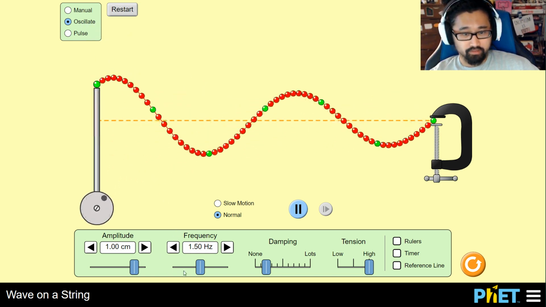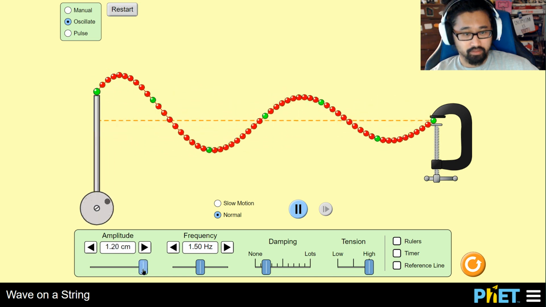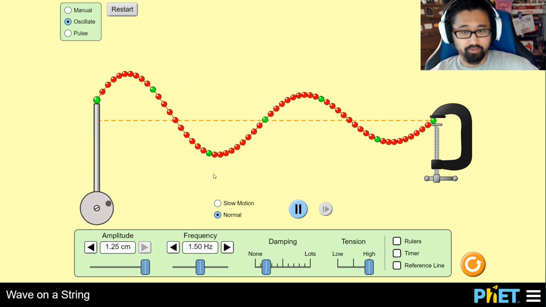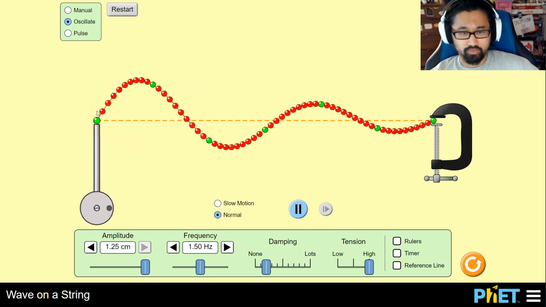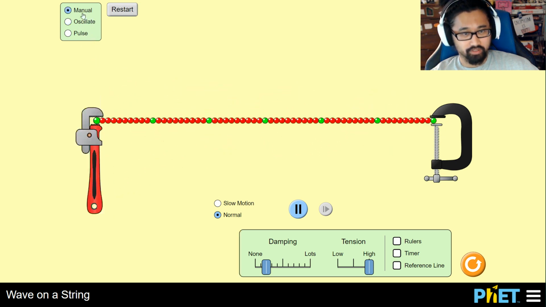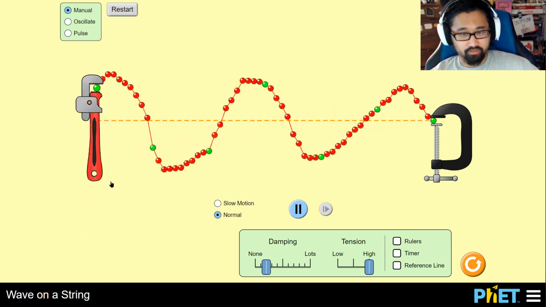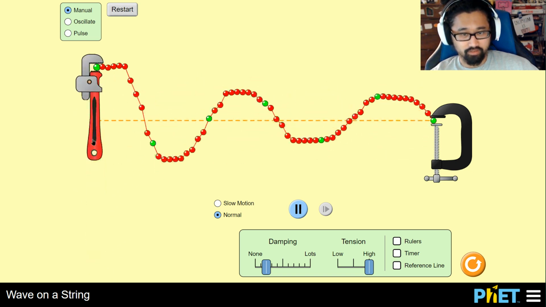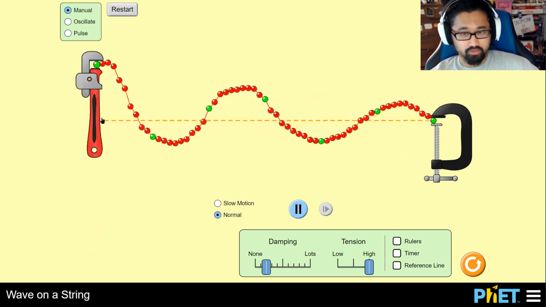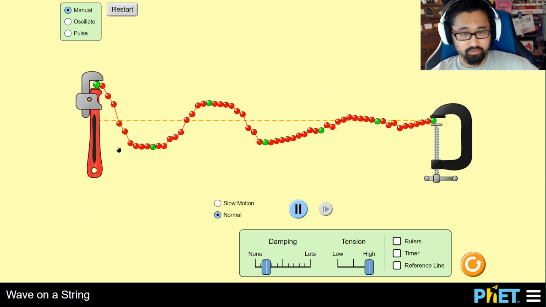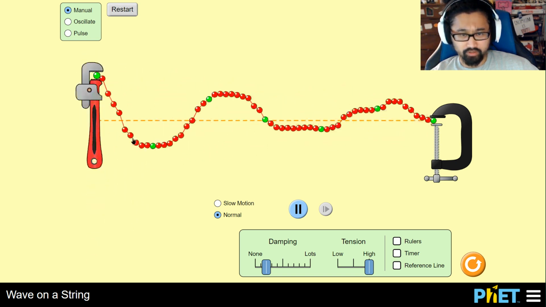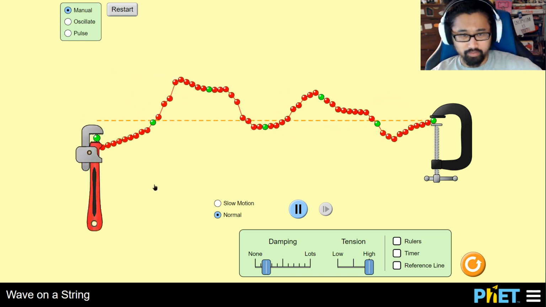But generally speaking, let me actually just bump this amplitude up so it's easier to see. You should be able to see kind of an interesting pattern here. Do I want to go with oscillate? I think I'm going to go back to manual for a second. If I try to do this reasonably consistently, you should see one, two, three, four, I think four up and down pieces of the wave.